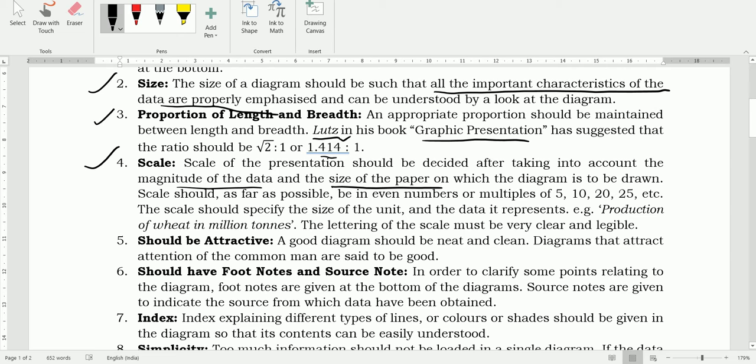And the scale should, as far as possible, be given in numbers or multiples of 5, 10, 20, 25, etc. The scale should specify the size of the unit and the data it represents, for example, production of wheat in millions, and the lettering of the scale must be clear and legible.